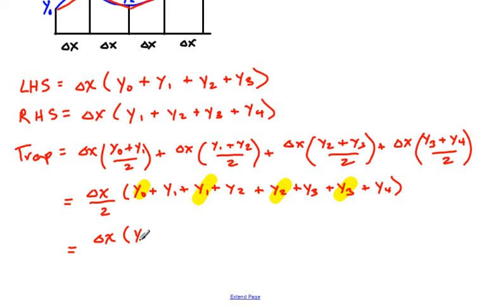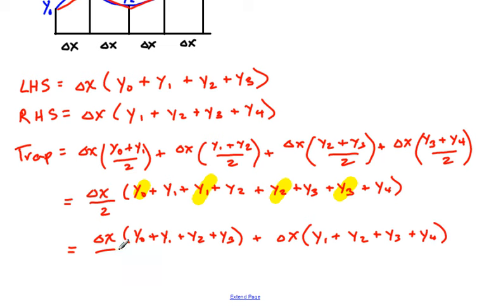So I'm going to have y sub 0 plus y sub 1 plus y sub 2 plus y sub 3, plus, and I'm going to keep this delta x times those, and then I'm going to have the next set, which are the ones I didn't highlight, y sub 1 plus y sub 2 plus y sub 3 plus y sub 4, and that whole thing is over 2.